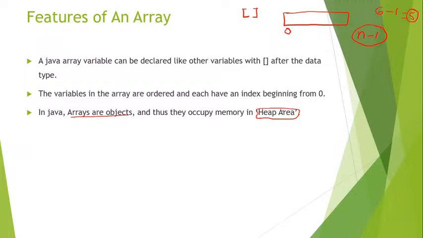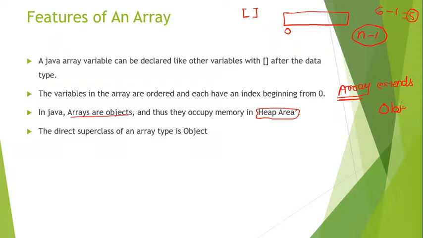Now I'll tell you, here we have one class, that is array, and what is the parent class of this array? That is Object. The Object class is the parent class of all the classes in Java. And after that, an array is always created at runtime.